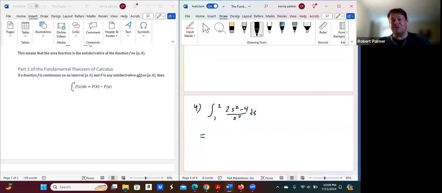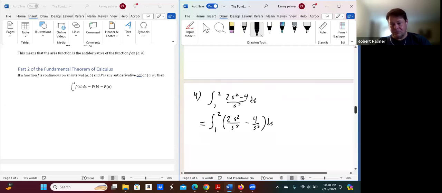And so first off, let's kind of work with this in the middle. So the integral from 1 to 2. Now the best thing to do here is probably to break this up into 2 fractions. And so we have 2s squared over s cubed minus 4 over s cubed ds. Okay.